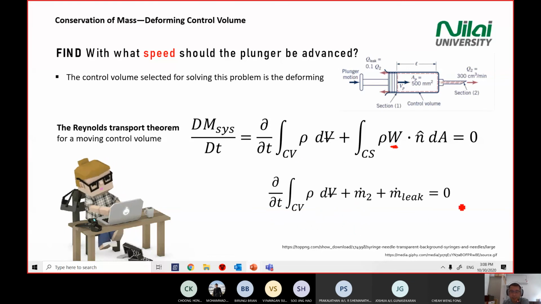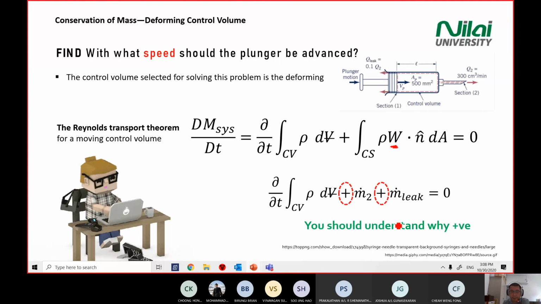Any question on this equation before we move on? Again, now we are looking at a deforming control volume. It's a bit different from what we discussed earlier. So positive means it comes out.